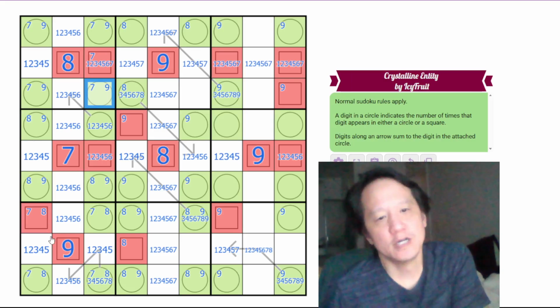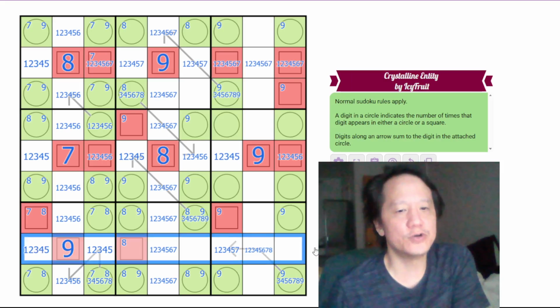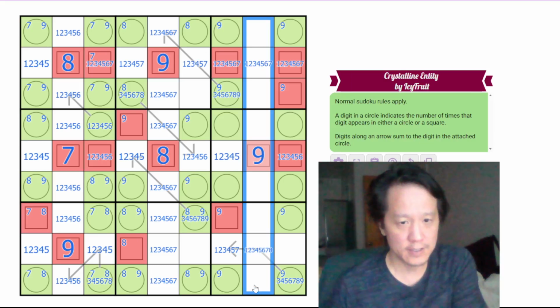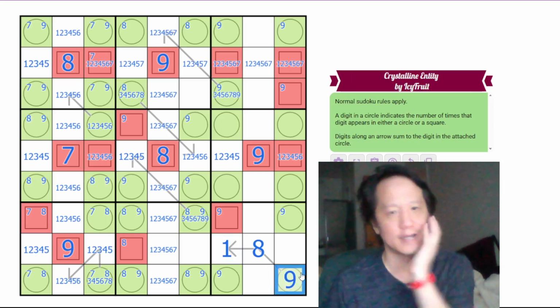That's interesting. If this is not 8, what does that guarantee? That guarantees there's no 8 in row 8, and there's no 8 in column 8. But we need 8 8s. So therefore, this must be an 8, which makes this a 1, which makes that 9.